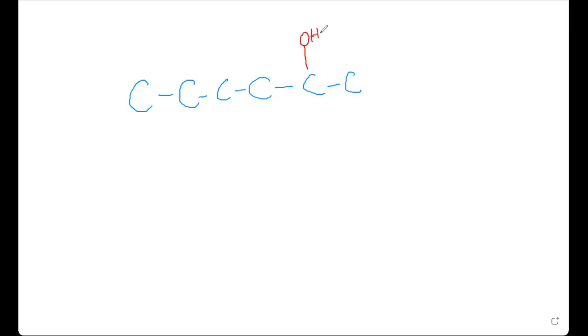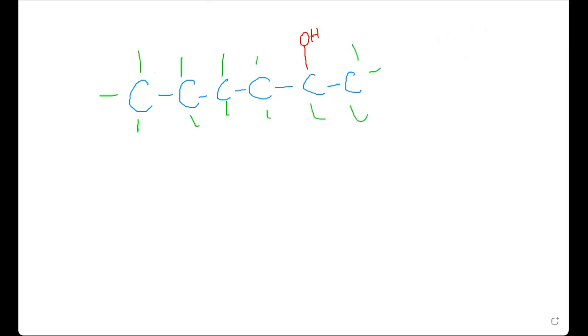I don't think making the molecular formula will be difficult for you now. Let me show you. All these green bonds are hydrogen, for example. So what will be the molecular formula? C6, you can write all the hydrogen and you can write OH in the last. That will be the molecular formula. What will be the structural formula?